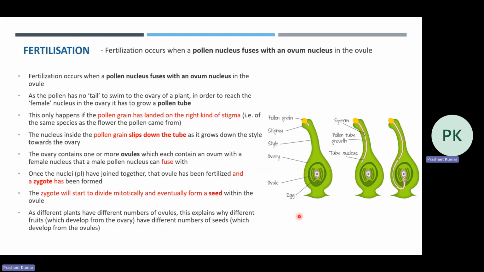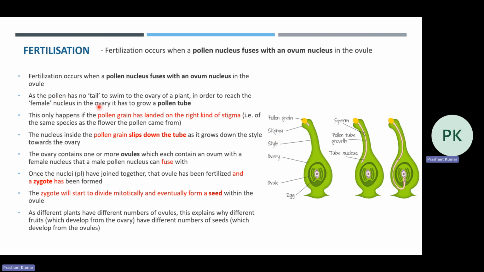Fertilization. Now this is a very important step because the gametes are produced. Fertilization occurs when a pollen nucleus fuses with the ovum nucleus. So the pollen nucleus fuses with the female gamete, the egg, and then fertilization takes place.